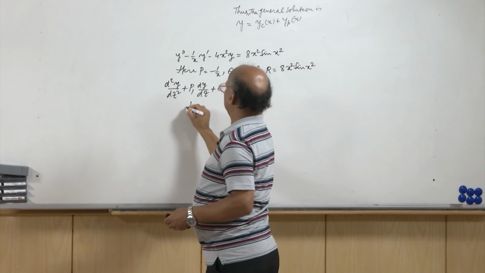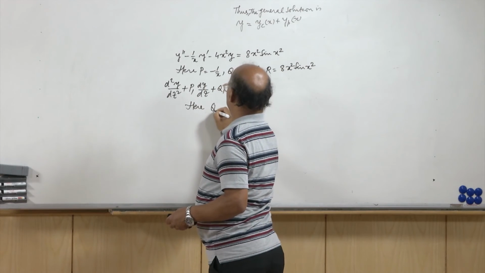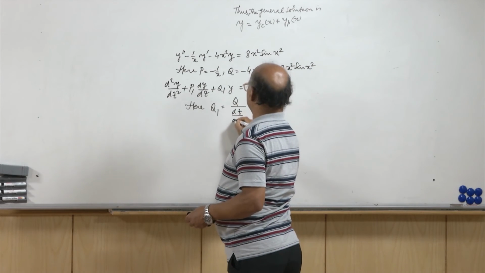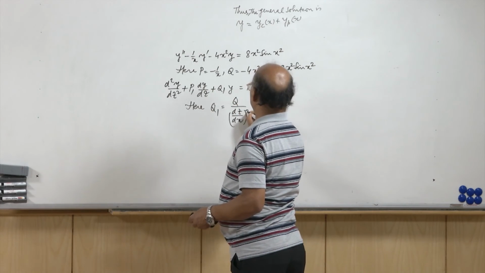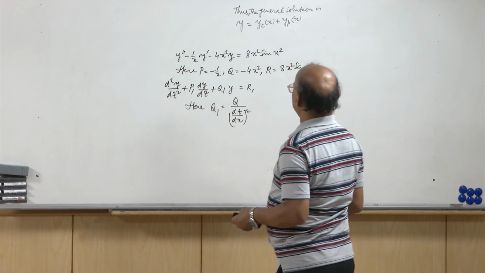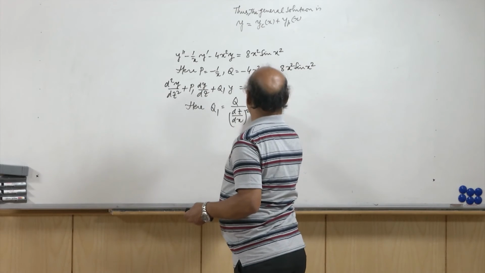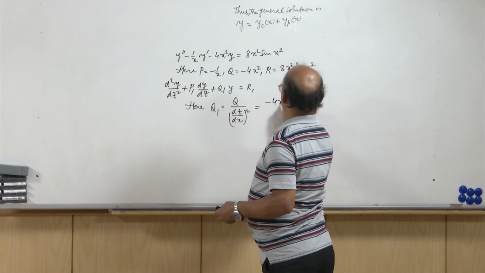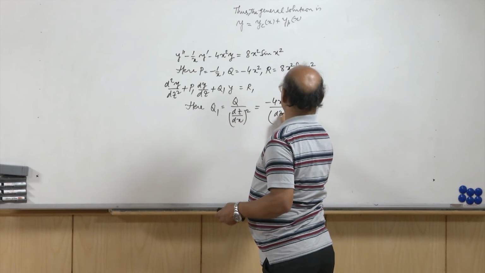So, here Q1 is Q over dz by dx whole square. So, let us put Q1 as a constant. Say Q1 will be equal to minus 4x square upon dz by dx whole square.